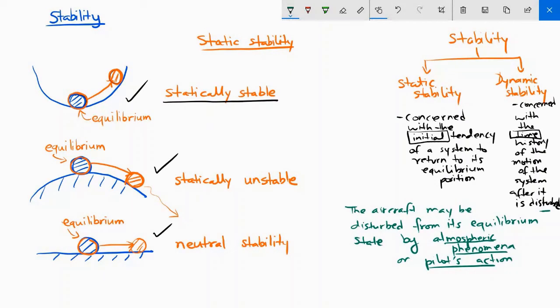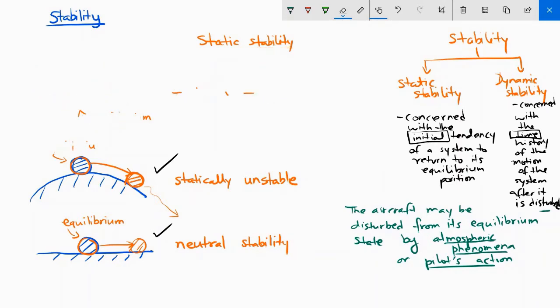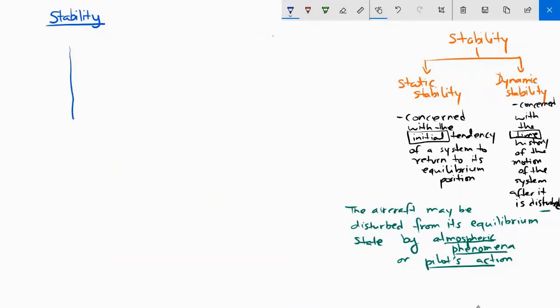Okay, I already gave an analogy for the static stability. Now just some graphical examples of dynamic stability. So let's consider the plot of displacement as a function of time. Let's say you displace the aircraft from its equilibrium position.